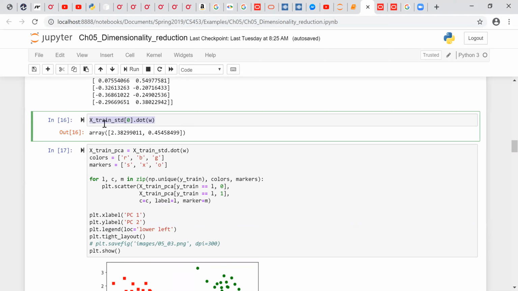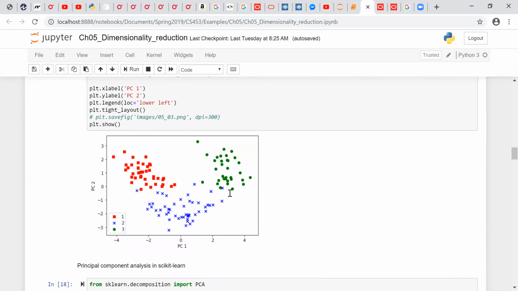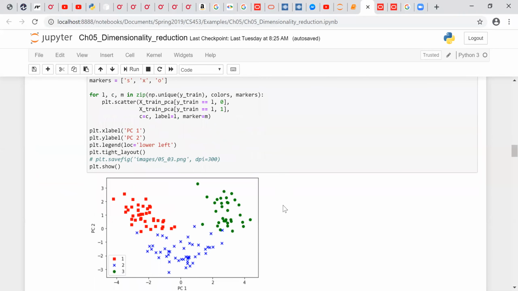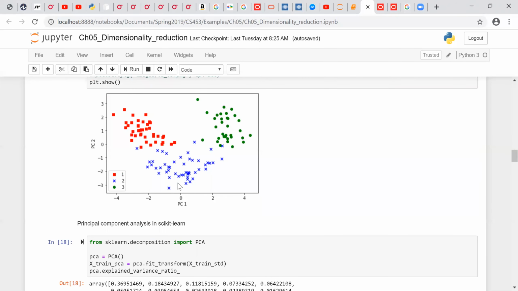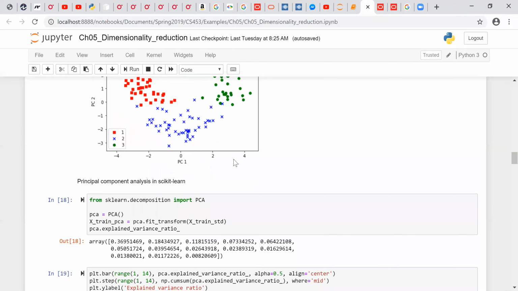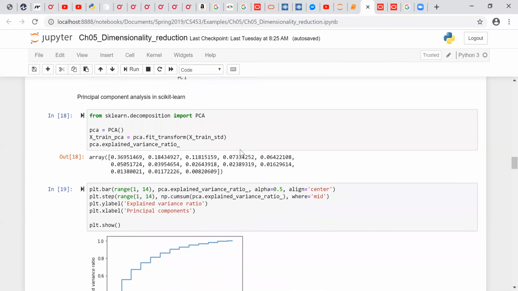After this projection, it shows the data visually. From this you can see that the newly picked principal components separate the data fairly well. This shows the detailed steps regarding the math, eigenvalue, and eigenvector concepts.